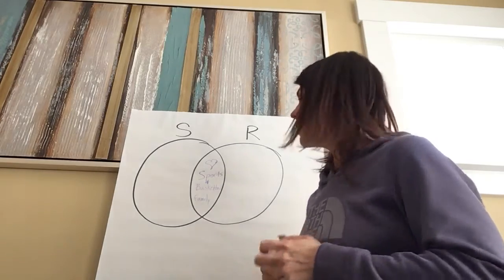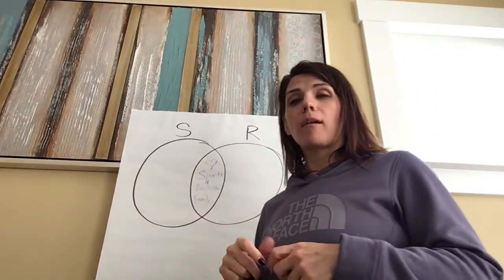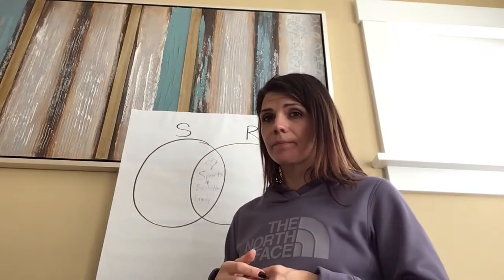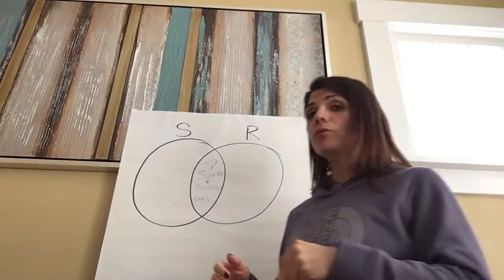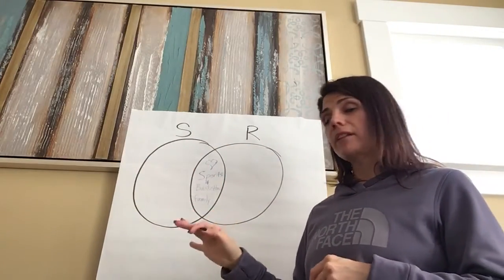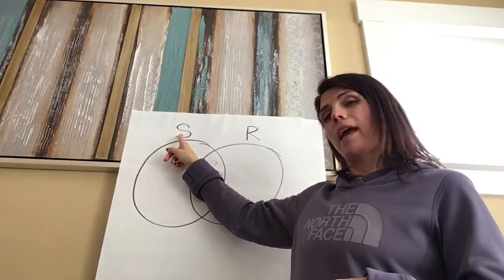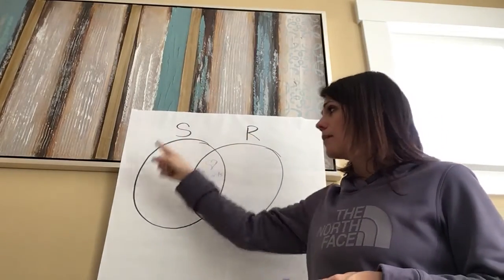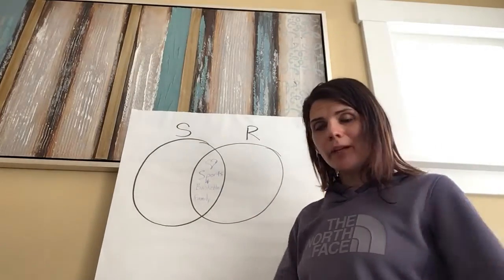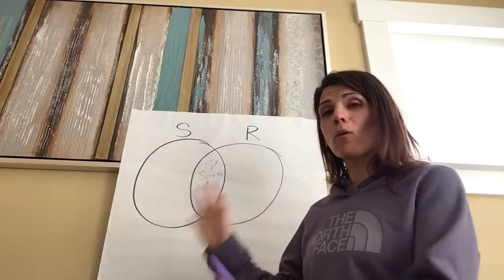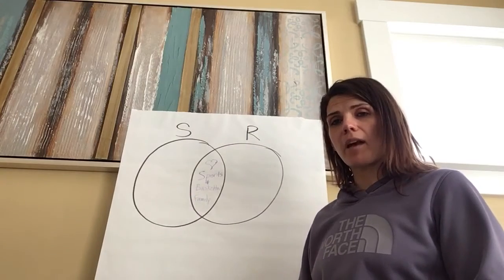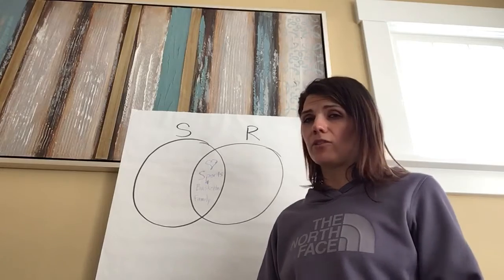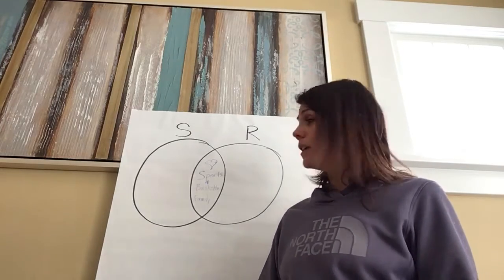Okay. So what your job is going to be is that you're going to take a piece of paper later and you are going to draw this same Venn diagram, and I just put a big S up here for Sadie and a big R up here for Richie, and then make two big circles. If you have bigger handwriting, you might turn your paper horizontally instead of vertically like I have mine and make your circles bigger, especially if you know there's going to be a lot of information that you need to put down, okay?